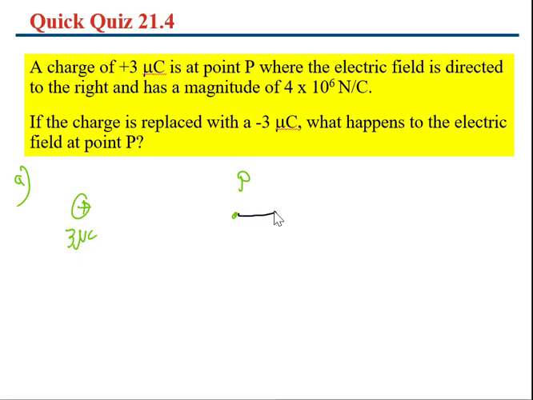The electric field, he said, is outward, directed to the right. So this is E1. In the second case, we substitute this charge by a negative charge of the same magnitude, -3 microcoulomb, and we want to calculate the electric field at the same point P. How is the electric field? It's inward, because the charge is negative.